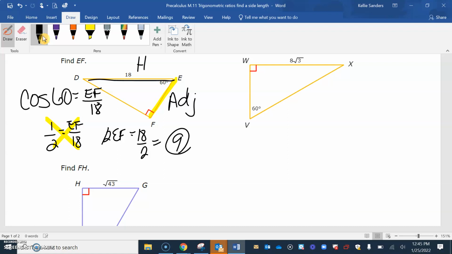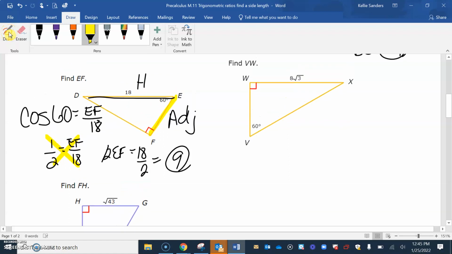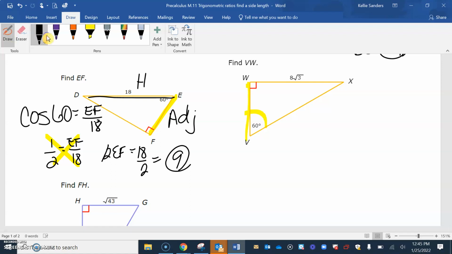And what are we looking for? VW. VW is here, and what is that? It is adjacent. And then this one is not hypotenuse this time. This is opposite. And what has opposite and adjacent? Tangent.